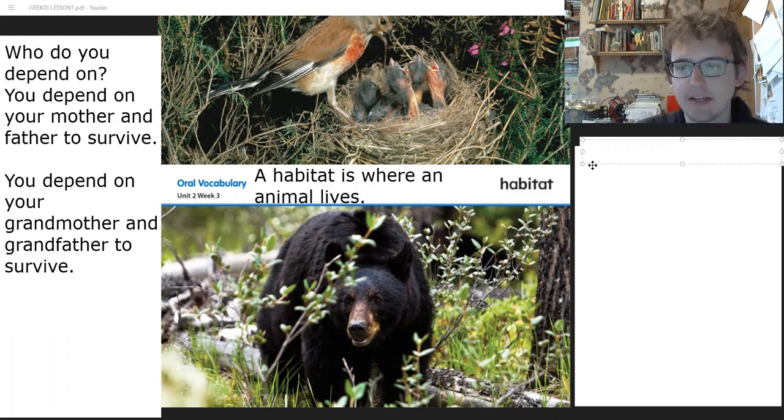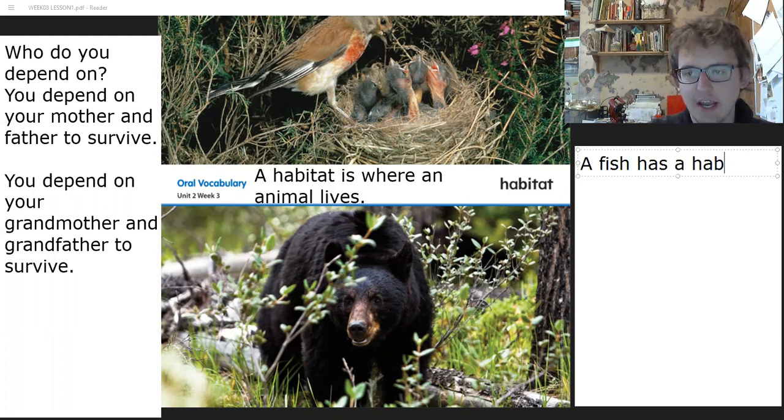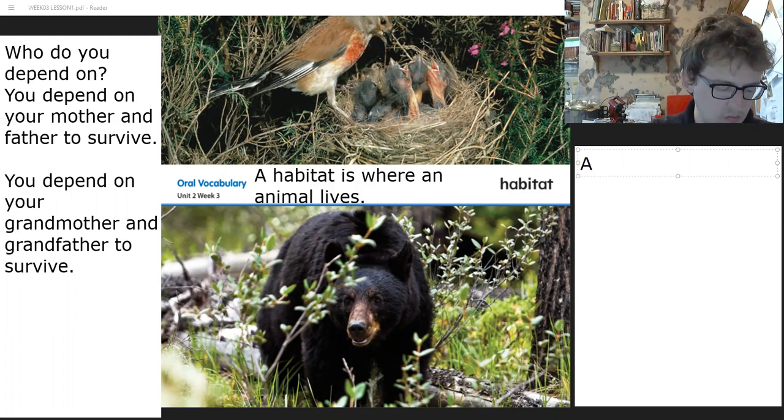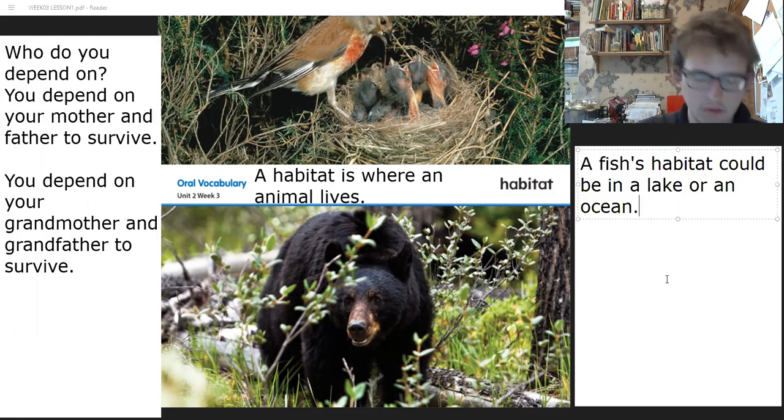So let's write that down. A fish's habitat could be in a lake or an ocean, right?